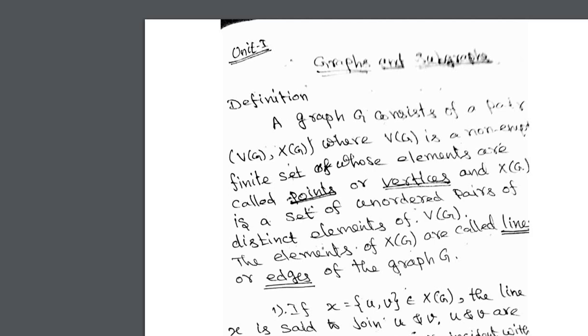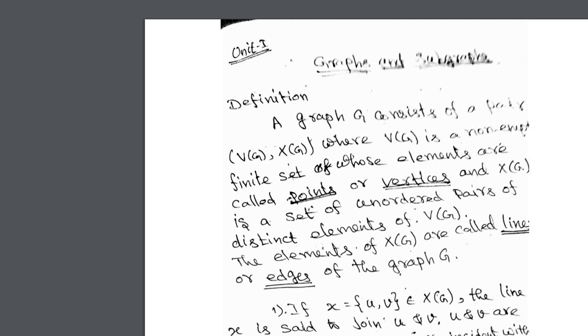Here V of G is a non-empty finite set whose elements are called points or vertices. It should contain an element. For the graph we have to draw, it should contain a vertex.